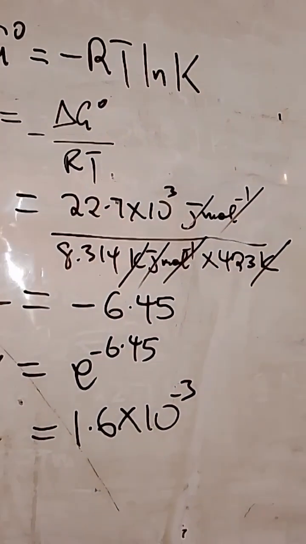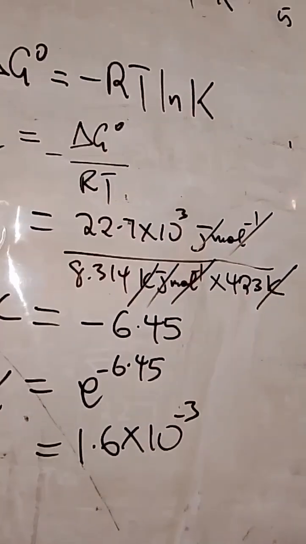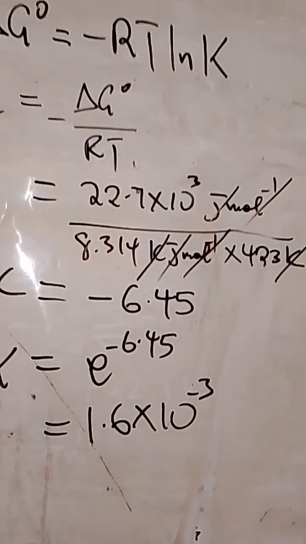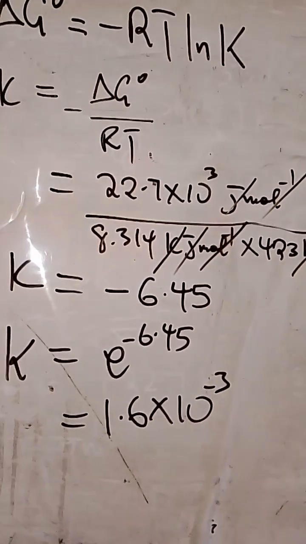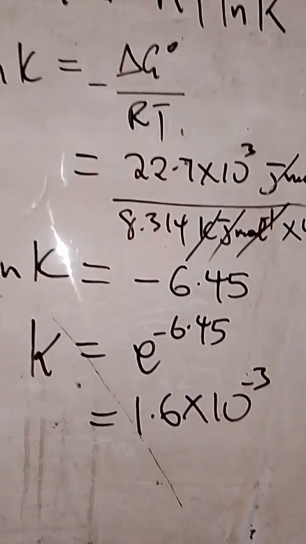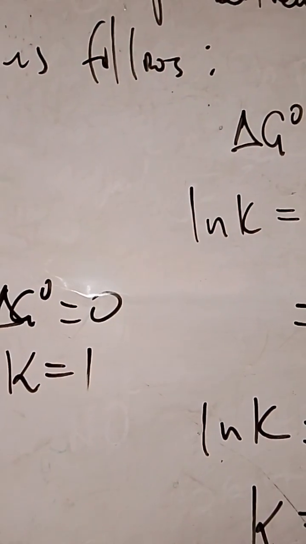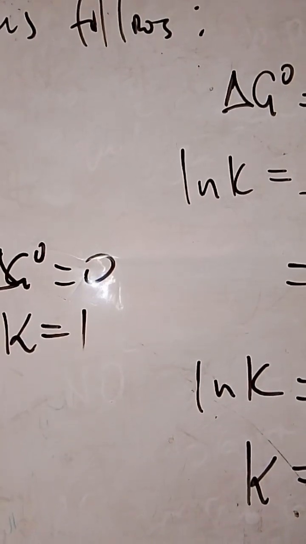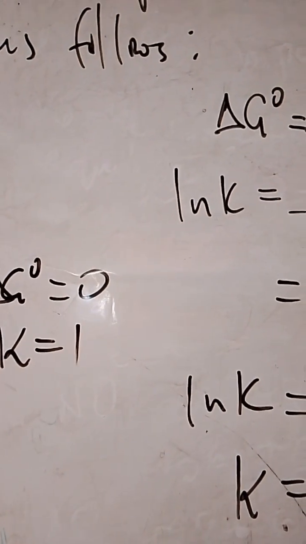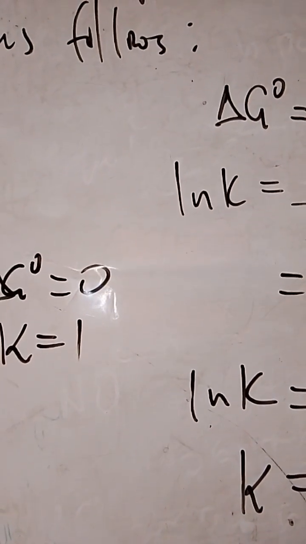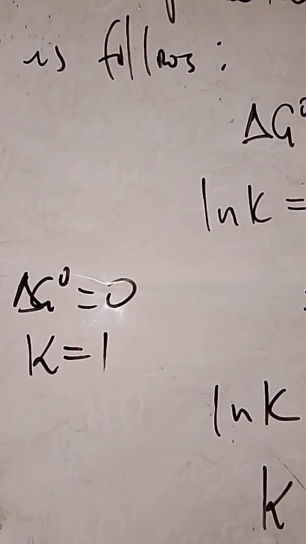Reactants are favored over products. If delta G is equal to 0, then K is equal to 1. So the amount of products and reactants is equal. It means the system is at equilibrium.